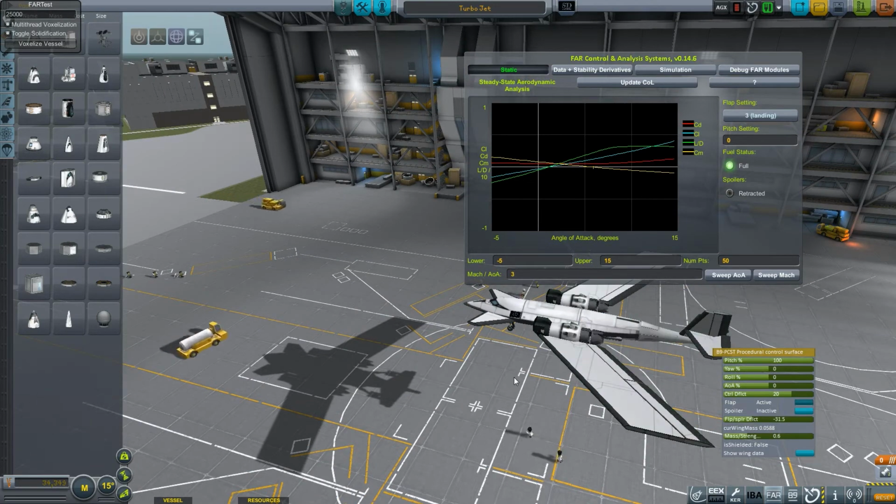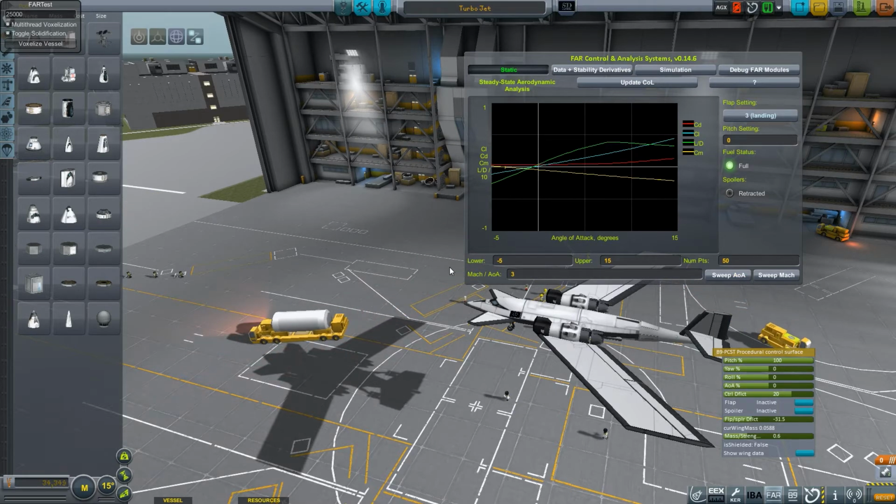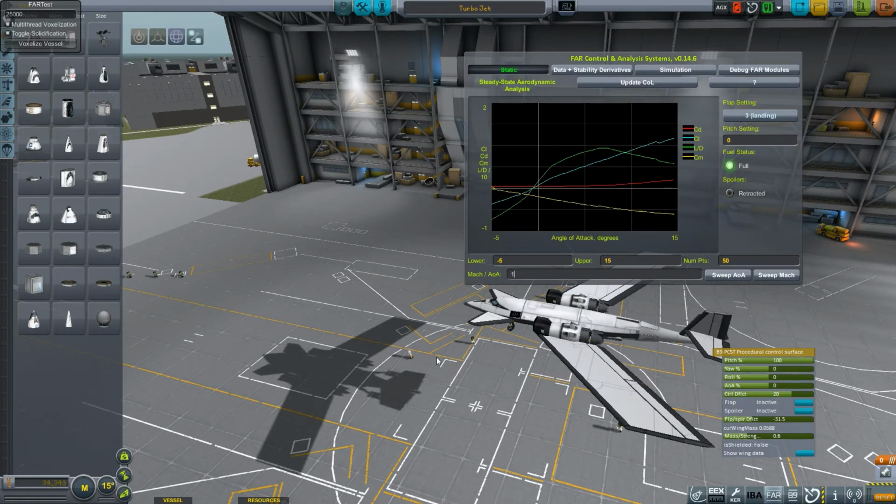Another way you can use this is for setting your climbing pitch at your most efficient lift to drag ratio. So for instance, about Mach 1 is where we'll be climbing from 10 to 20 kilometers-ish. So we'd want a pitch somewhere around in here, a neutral pitch.